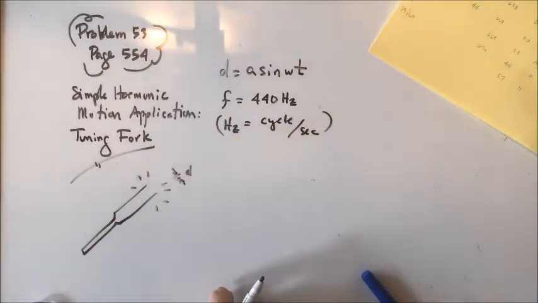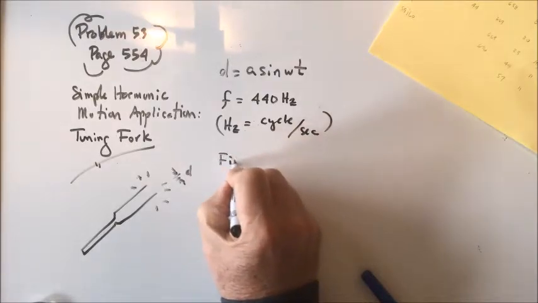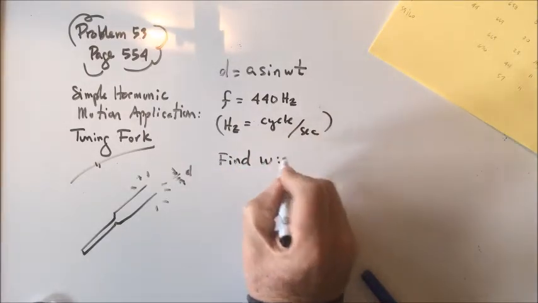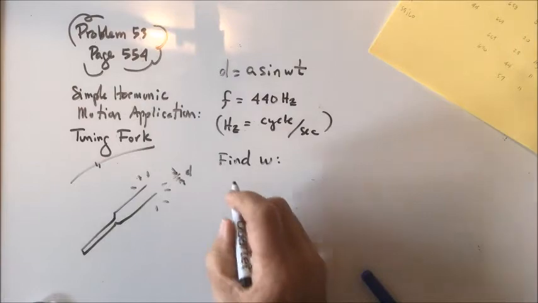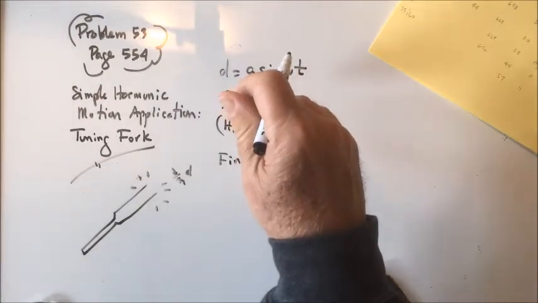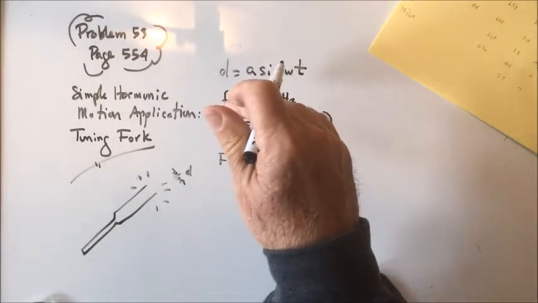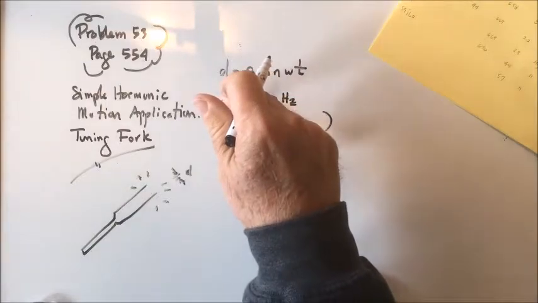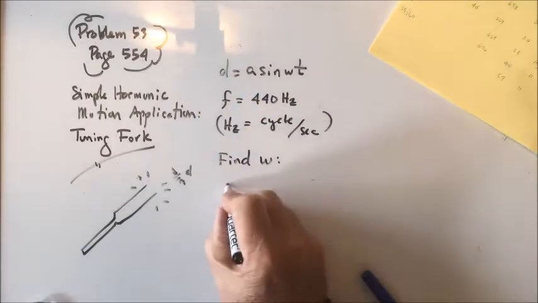Okay. What's the question here? Find omega. Okay, that's the problem that we're working on. Pretty simple. Omega is radians per second. The frequency f is cycles per second.